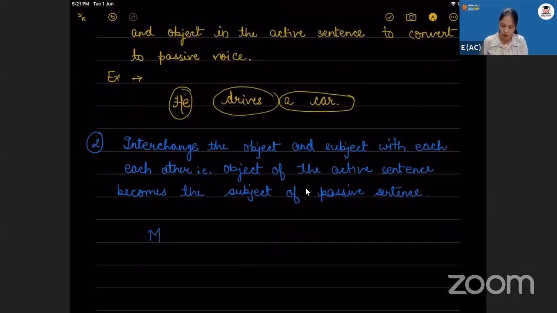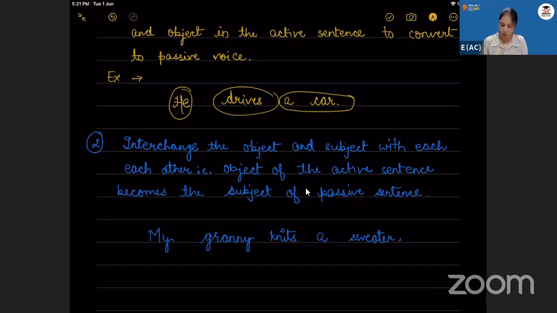My granny knits a sweater. Right? So here, first of all, identify whether the sentence is in active voice or passive voice.